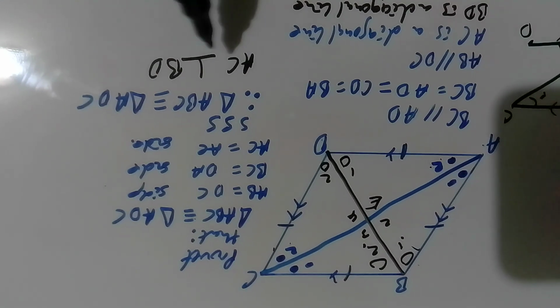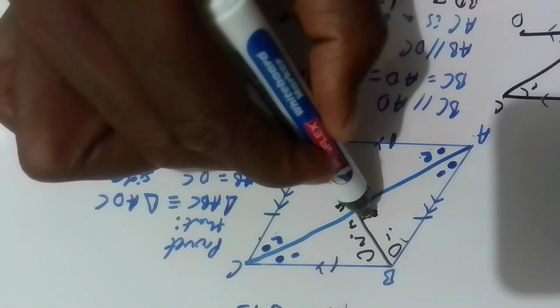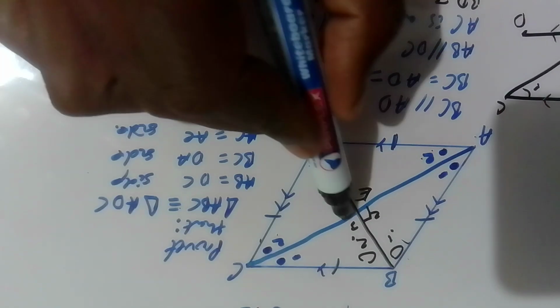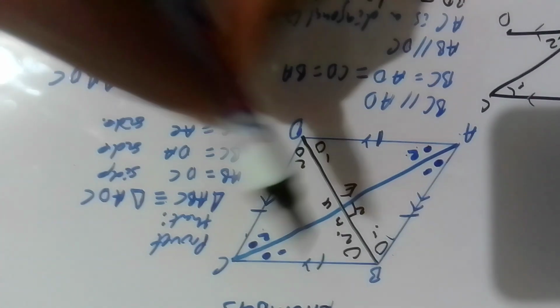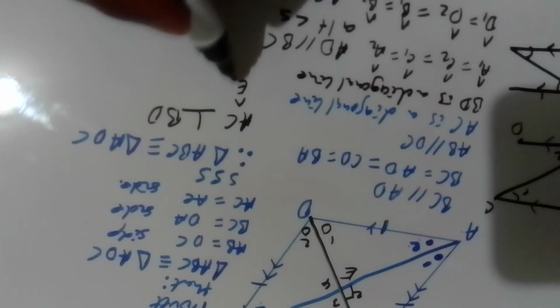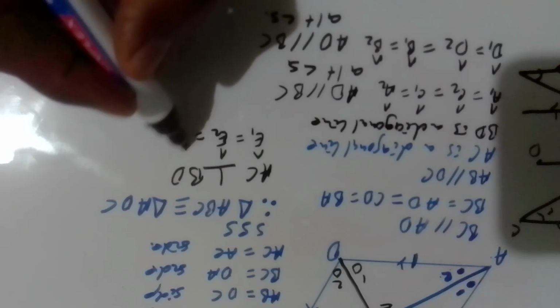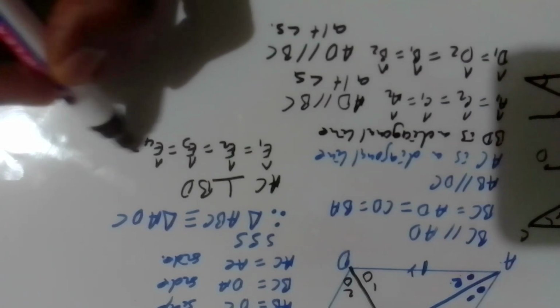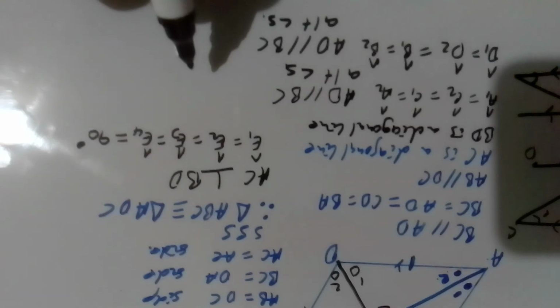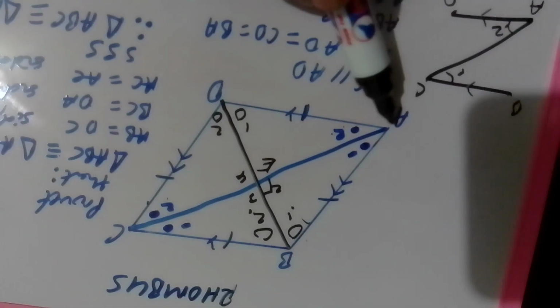And we know that where there are perpendicular lines, what do we have? 90 degrees is formed. So we are saying that here we've got 90 degrees, 90 degrees, 90 degrees, 90 degrees. Therefore, from angle E1 to angle E4, these are angles around a point. So now I say that angle E1 is equal to angle E2 equal to angle E3, which is equal to angle E4, which is equal to 90 degrees.